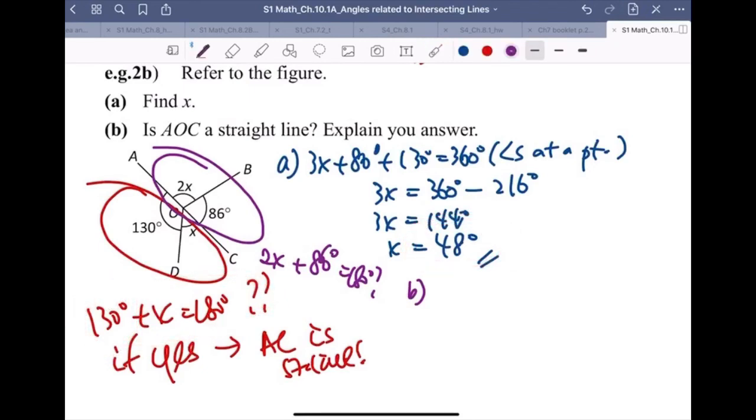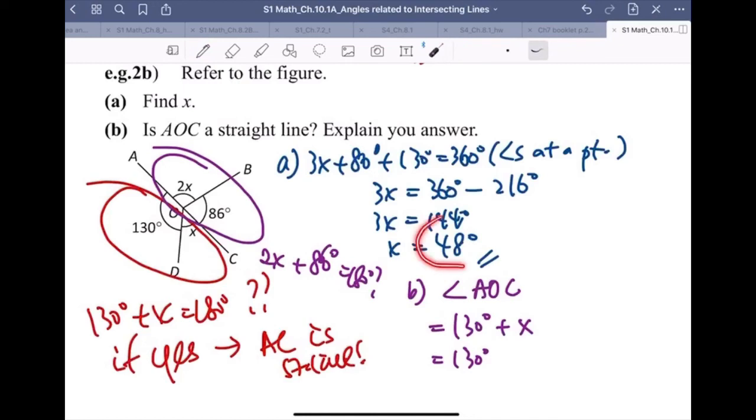First of all, we need to say out the angle that we want to find. This one, angle AOC. I use the left part: 130 plus x, and I can put the value here, plus 48.